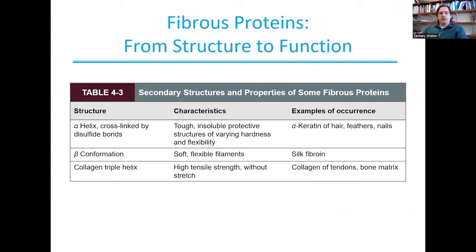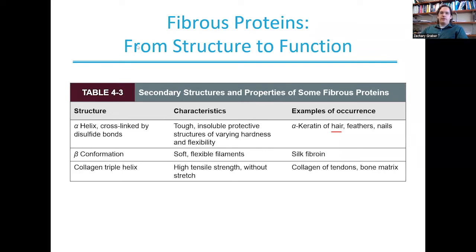For our fibrous proteins, since they tend to have a more structural role, we're going to be trying to form very tough and rigid structures or flexible structures, depending on the need, in order to make the necessary structural features that we need within our body, right? So we have fibrous proteins such as alpha-keratin involved in hair and feathers and nails, lots of different tough structural features. We have collagen in tendons and in the bone, again, to create some of those strong structures that we see.